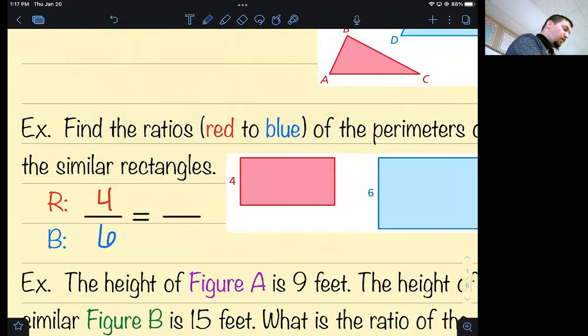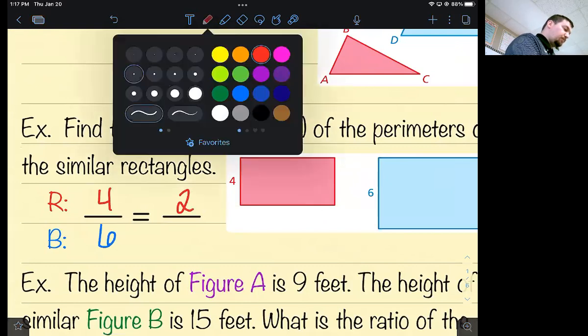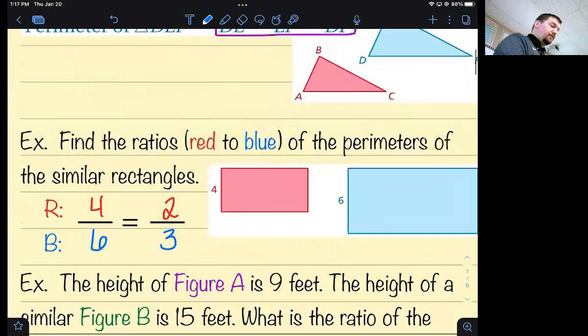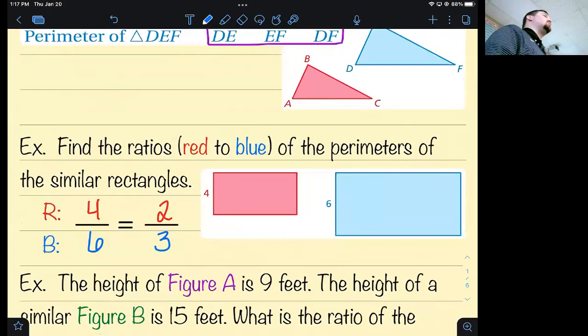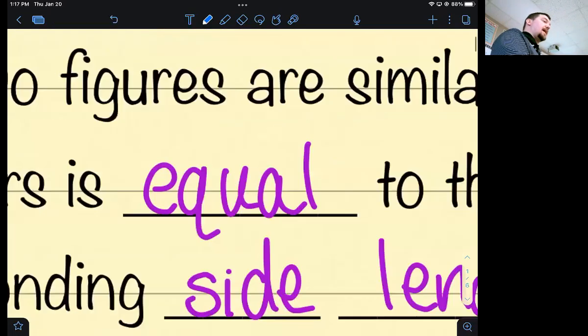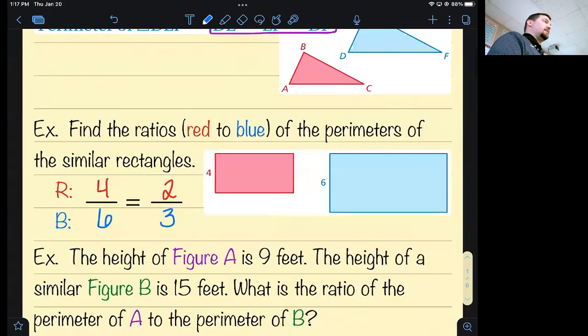Jacoby, what's the fraction 4/6 reduced to? I was gonna say, I think I heard you say it. So the side length ratio of width to width is 2 to 3, or 2/3. So when it says what's the perimeter ratio, well, since the perimeter ratio is equal to the side length ratio, the perimeter ratio is also 2/3. So I'm done.